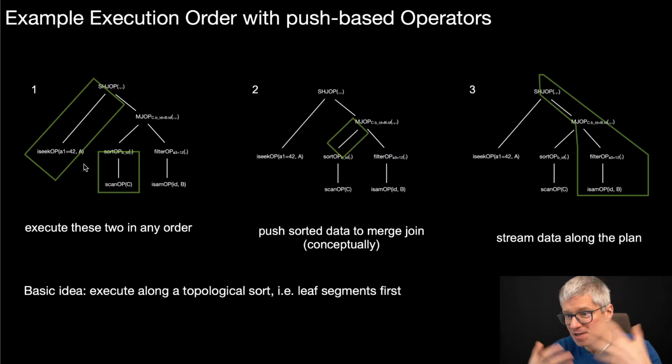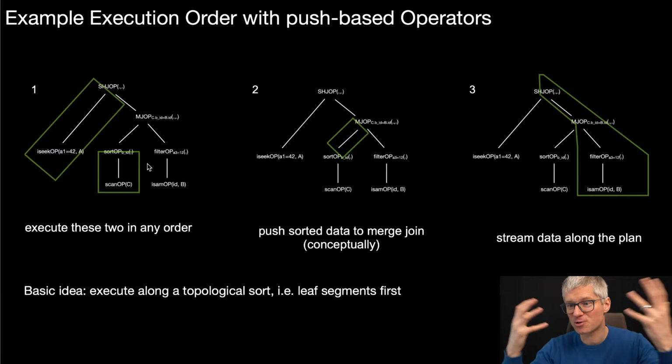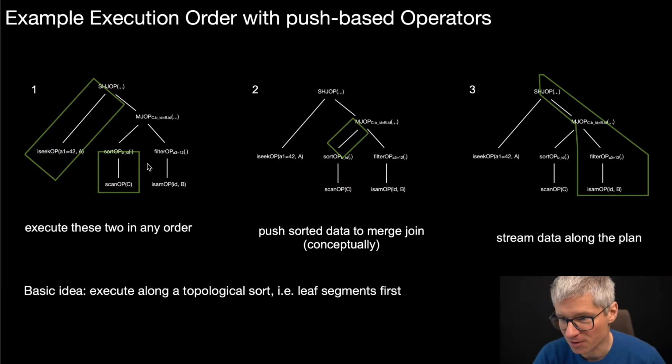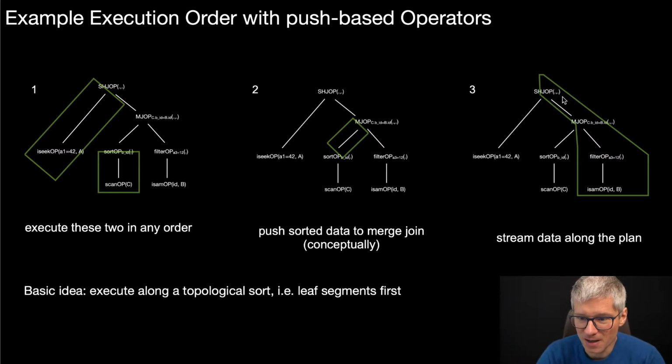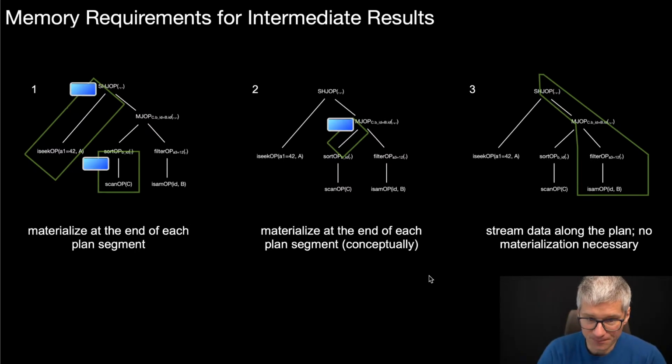Once you're done processing on one of the leaves, you can conceptually remove it from the tree, like in topological sorting. And eventually, you're in a situation where you can stream the data through what's left from the tree, and then you're done. That's how you process data in the push world.